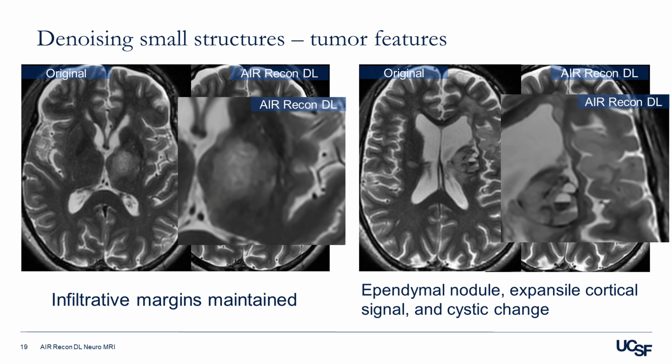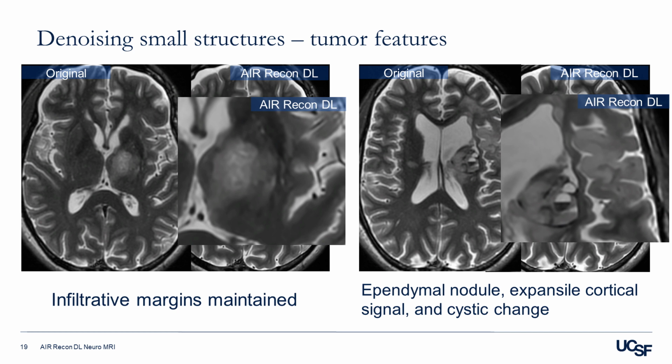And how does it do in more routine clinical cases? I'm going to show you a series of brain tumor cases. These are axial T2 weighted images, and a couple of questions for me. This happens to be an area of research focus for me, so I want to make sure that I can clearly see margins of lesions, and sure enough, that happens to be the case.